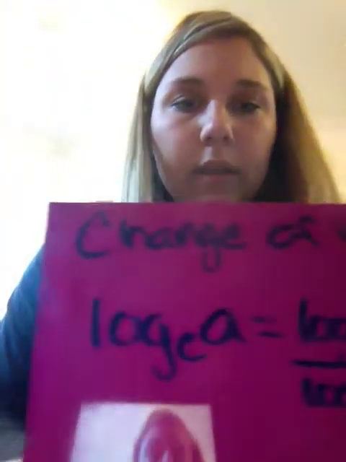We'll use green. Okay. So the change of base formula is log. Wow, that looks blue. Okay, log base C of A equals log base B of A over log base B of C. So the B and then C. Okay, so it looks like that.